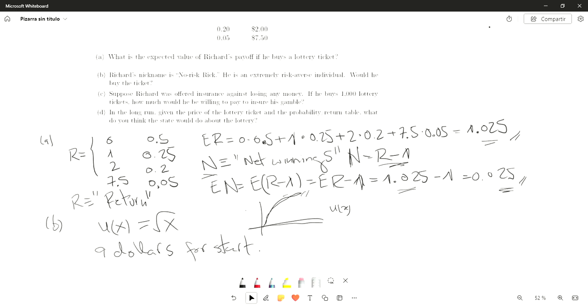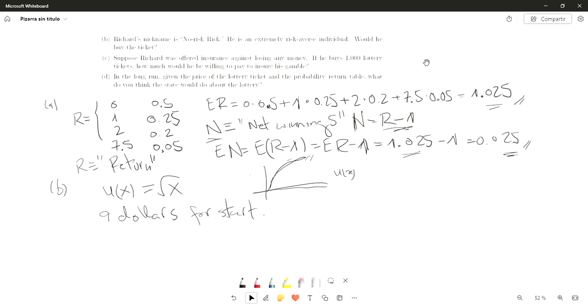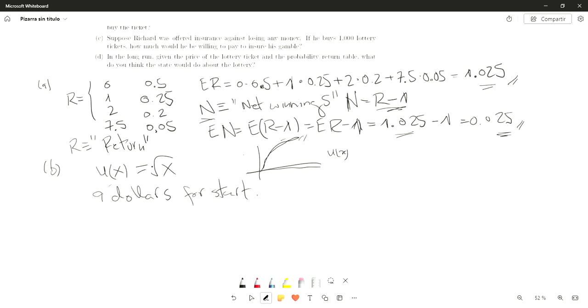So let's get the variable x, which is the net winnings.